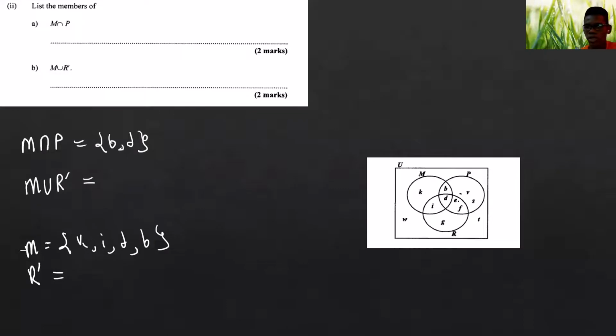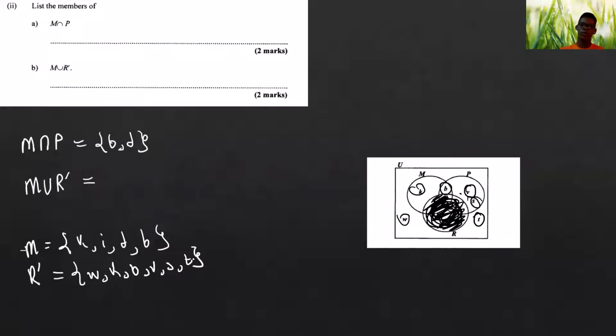So we're not talking about anything that is in R. So ignore everything that is in R and just write all the elements that remain outside of the circle R. So even the stuff that is way outside, right? That's still within our universal set, or within our square or rectangle, whichever one you prefer to call it, but it's outside R. So W, K, B, V, S, and T, right?